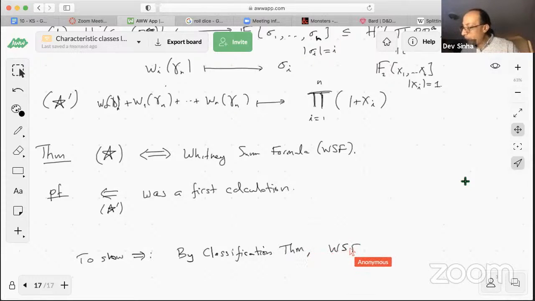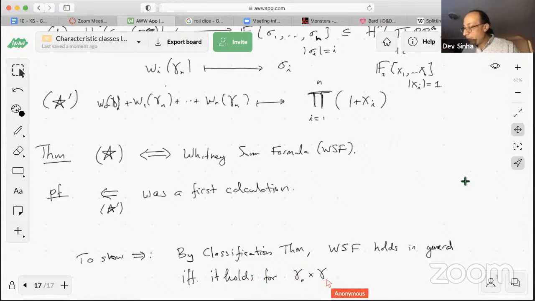The Whitney sum formula holds if and only if it holds for gamma n cross gamma m over the corresponding Grassmannians. You also have to use the fact that the Whitney sum formula holds for internal direct sums if and only if it holds for external direct sums, or these kinds of product bundles.